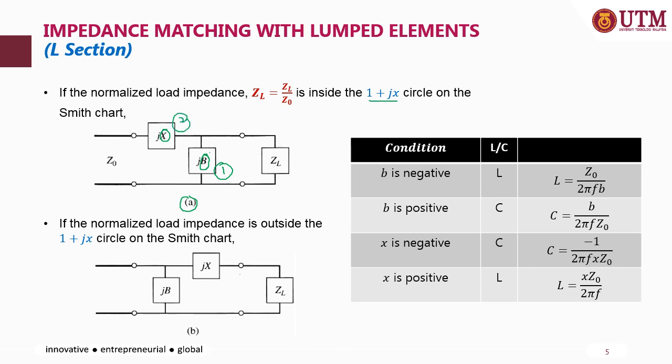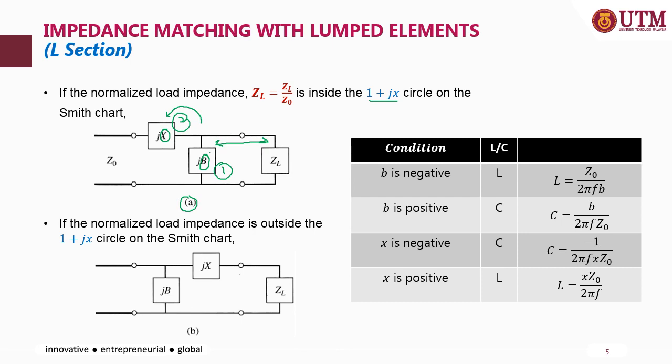Since the first component is in parallel to the load, we'll be considering the admittance, the Y chart. Next we need to convert it into the Z chart, the impedance chart, so that we can get the X.